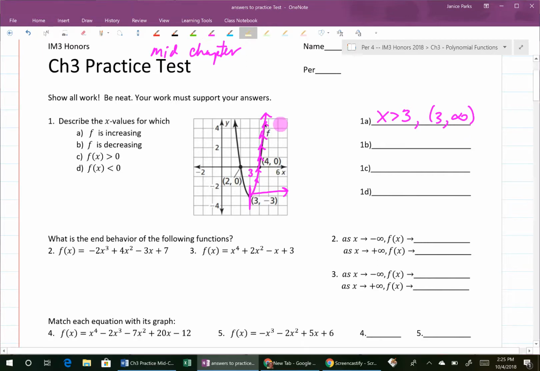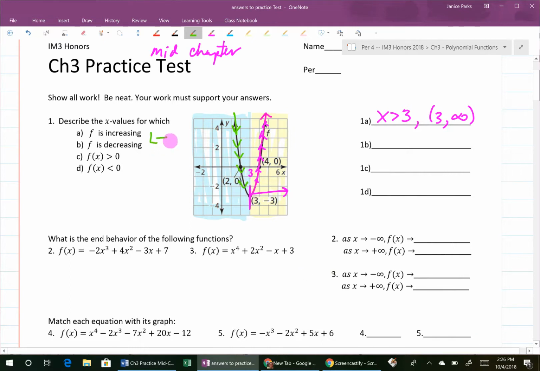If you want to see that highlighted, it's in this area where it's going up. For where it's decreasing, it has to be the rest of it in this picture anyway. It's decreasing to the left of the vertex. You read the graph from left to right, which is how you read increasing and decreasing.